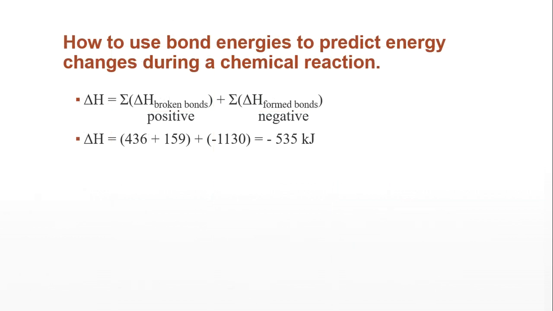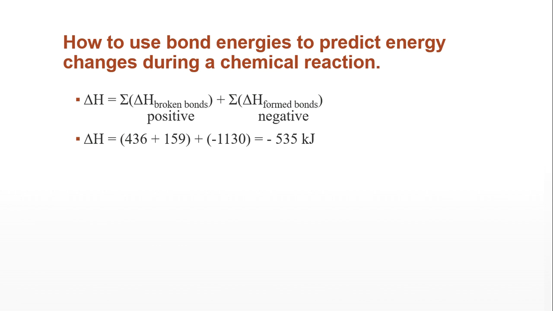All right, now we know the sum of the energy required to break all of the bonds. We sum that up for the hydrogen bonds and the fluorine bonds, and we add that together with the negative value of the energy released when all of those bonds are formed.